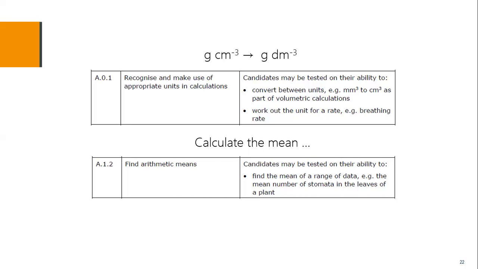The information given in the table was in grams per centimetre cube. They are asked to give their answer in grams per decimetre cube. So they are specifically being asked to make a conversion. If the mark is being given for the conversion, it will be a specific part of the question.